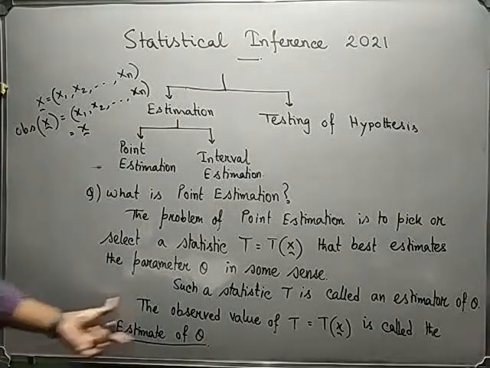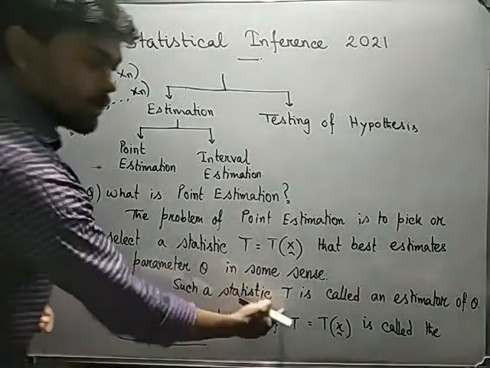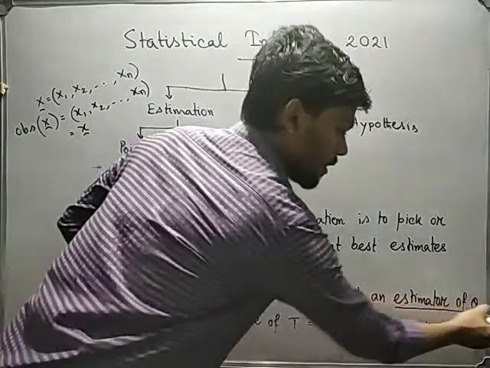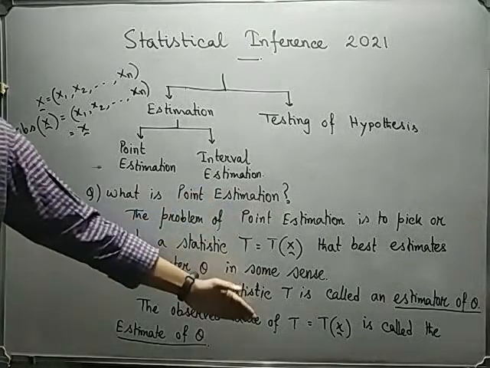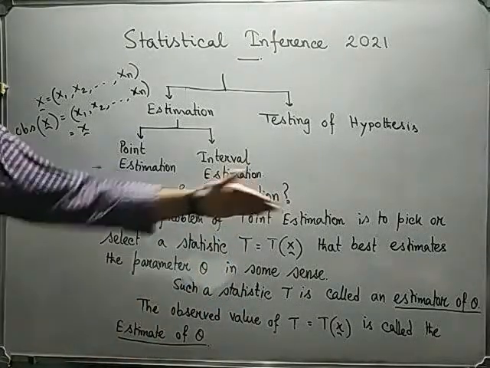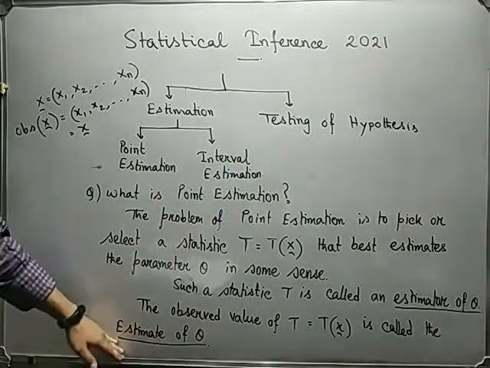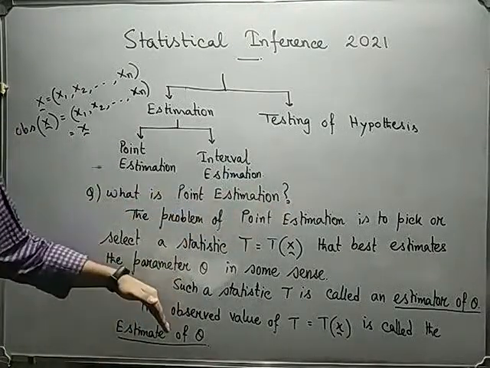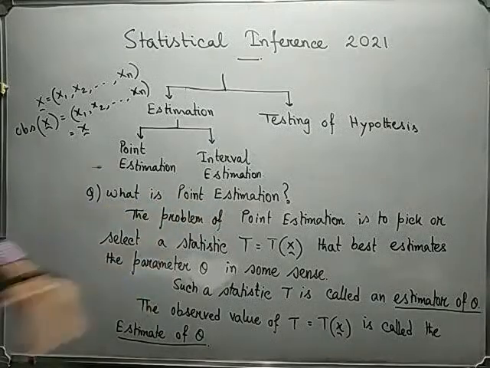That means capital T is the estimator of theta, and the observed value of capital T is called the estimate of theta. So estimate and estimator are obviously different. The estimate is the value of the estimator, or you can say the observed value of the estimator.